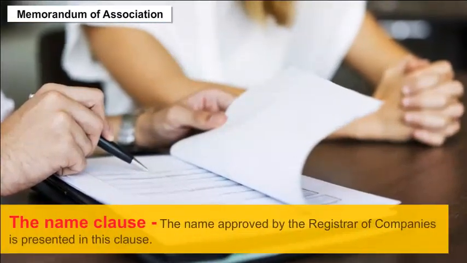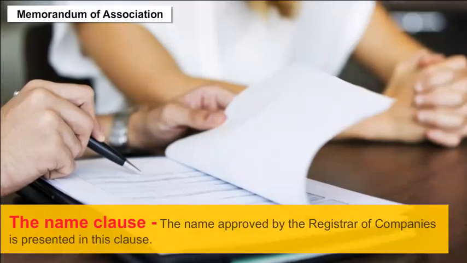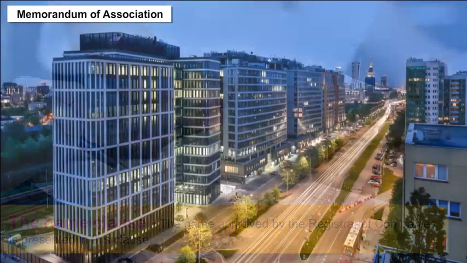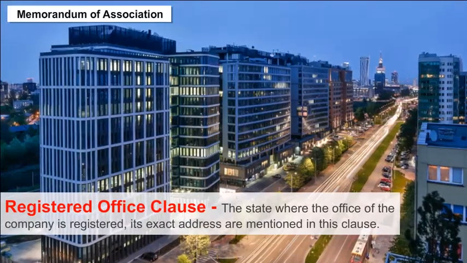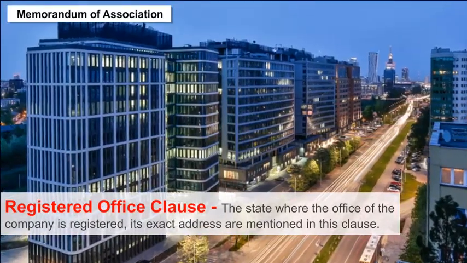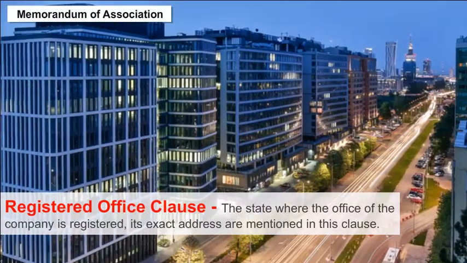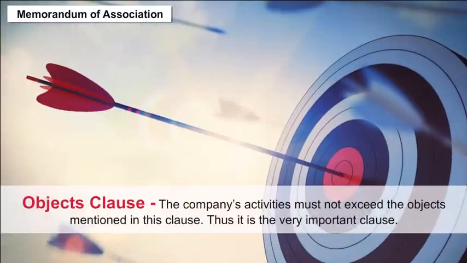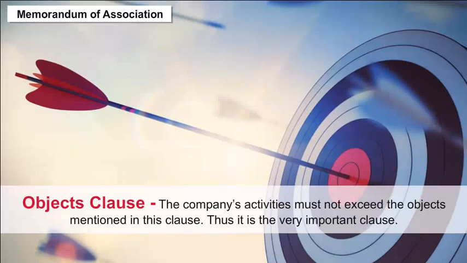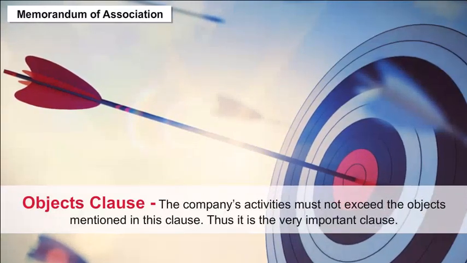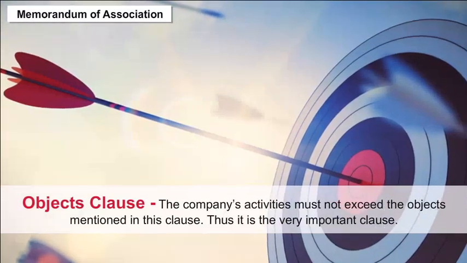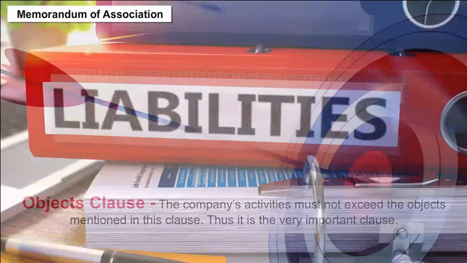The name approved by the Registrar of Companies is presented in this clause. Registered Office Clause. The state where the office of the company is registered, its exact address are mentioned in this clause. Objects Clause. The company's activities must not exceed the objects mentioned in this clause. Thus, it is a very important clause.